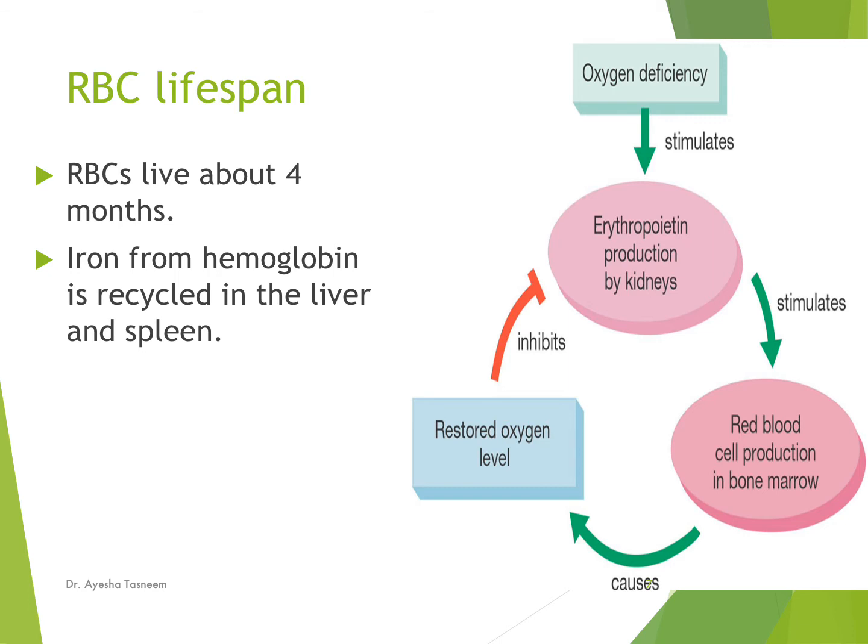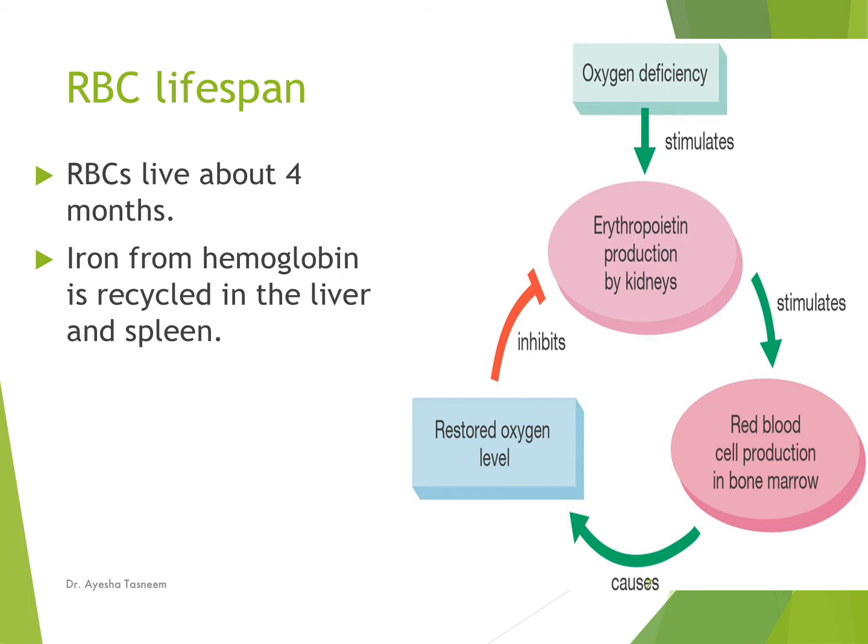In case of oxygen deficiency, this deficiency stimulates erythropoietin formation by the kidneys. That erythropoietin stimulates the formation of red blood cells in the bone marrow, and that restores the oxygen level, and this restoration of oxygen level inhibits the formation of erythropoietin in the kidneys.